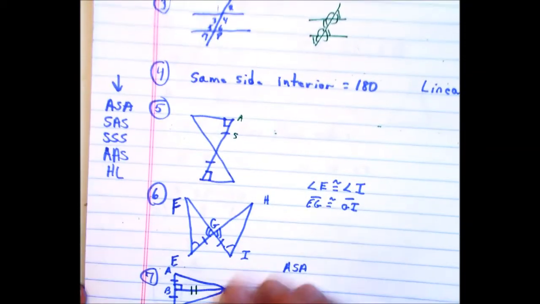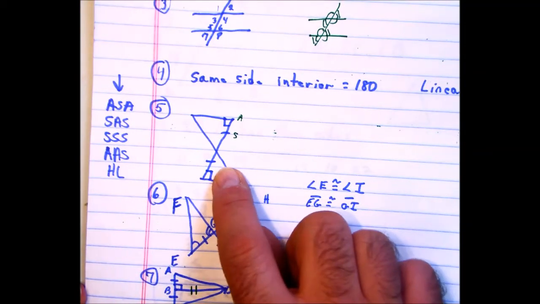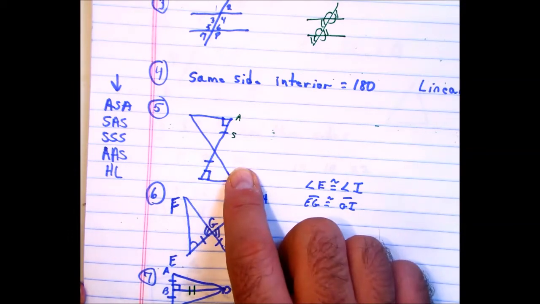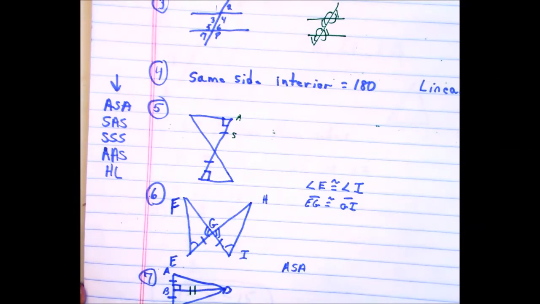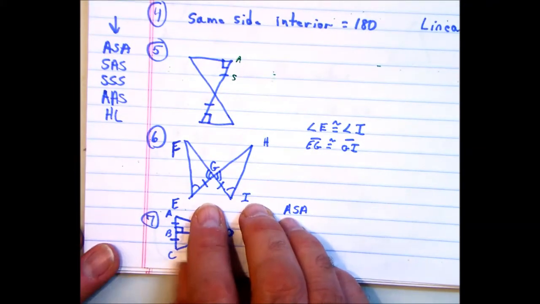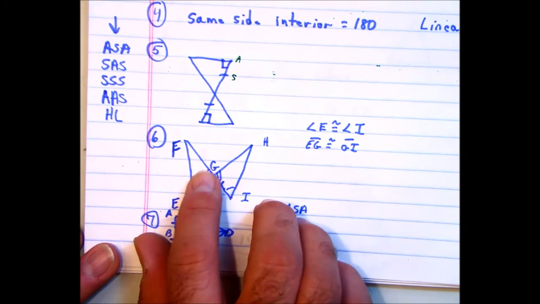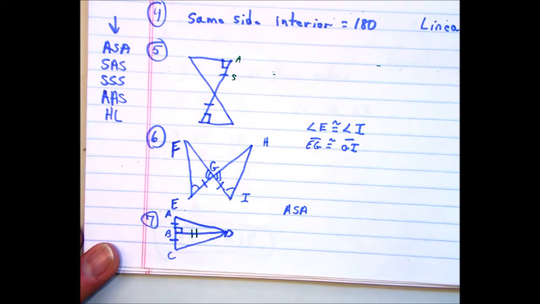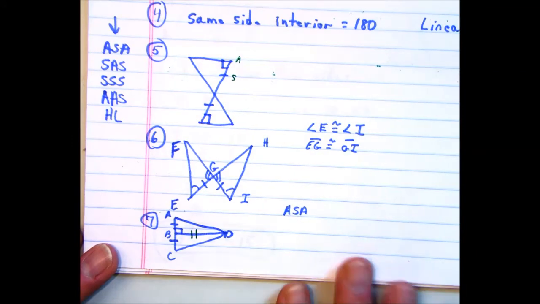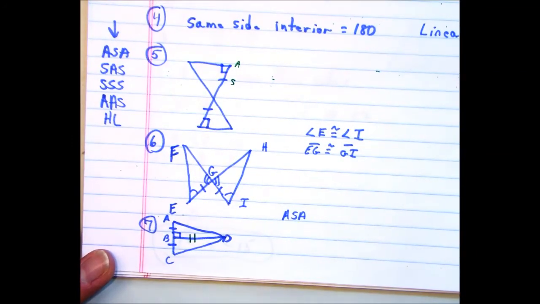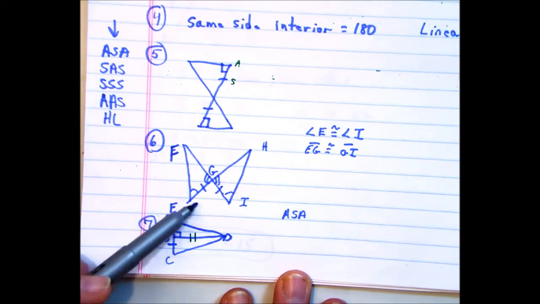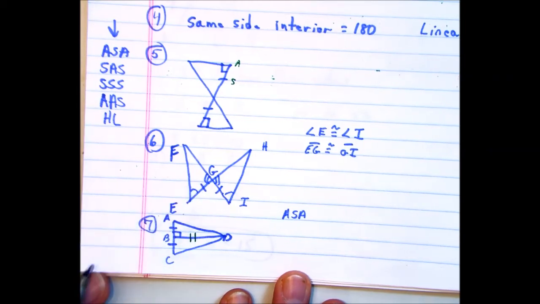If the congruency mark was on this side over here, it would be hypotenuse leg.